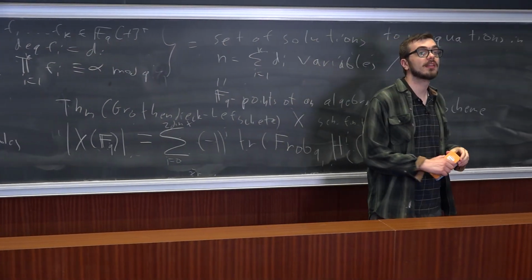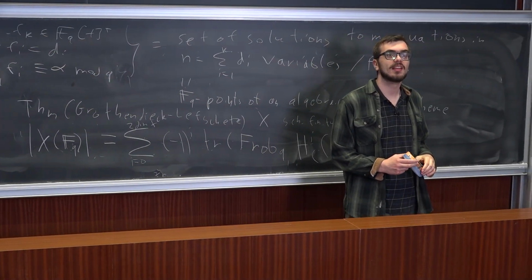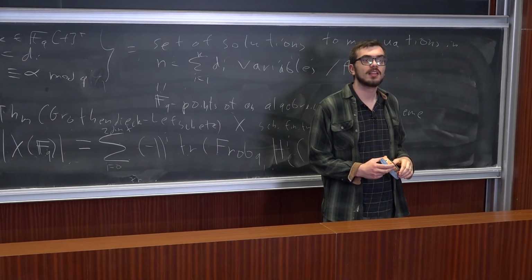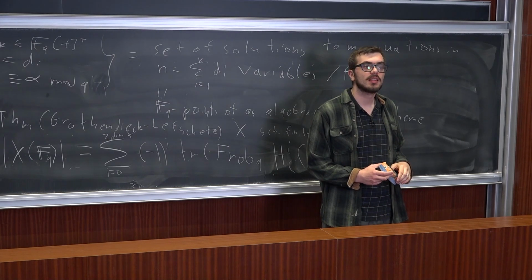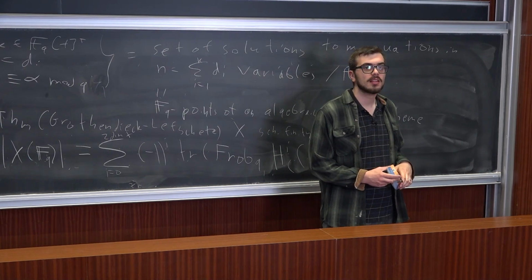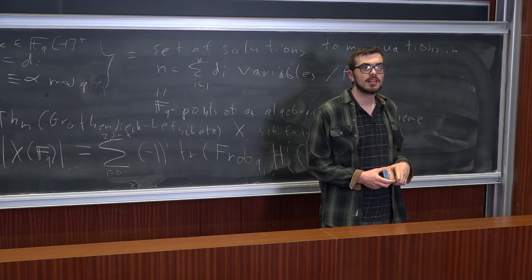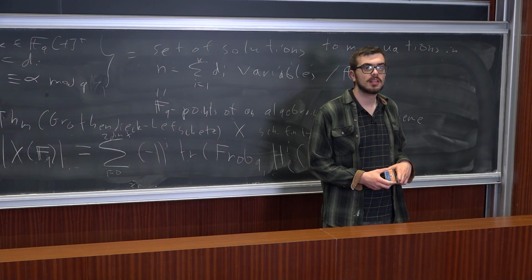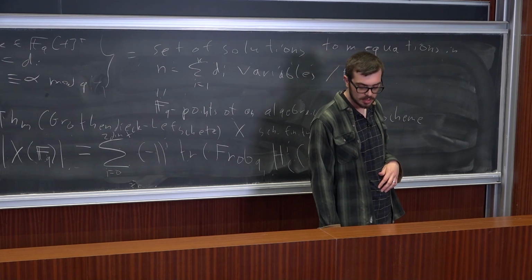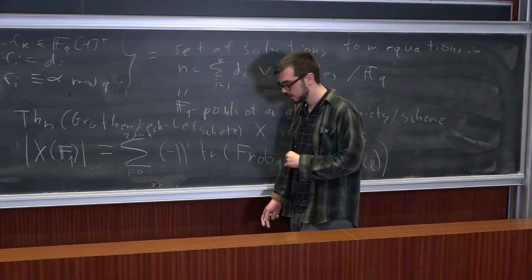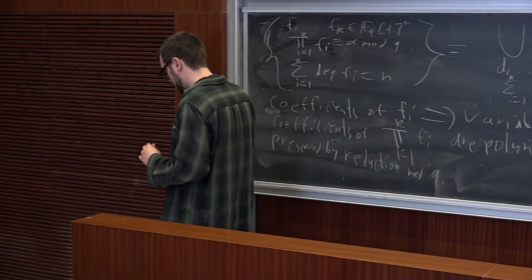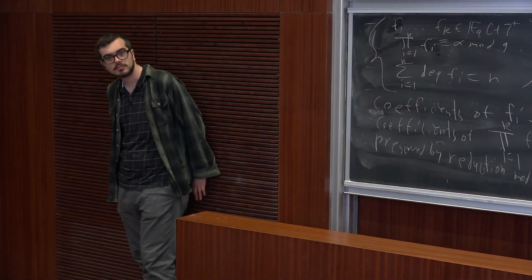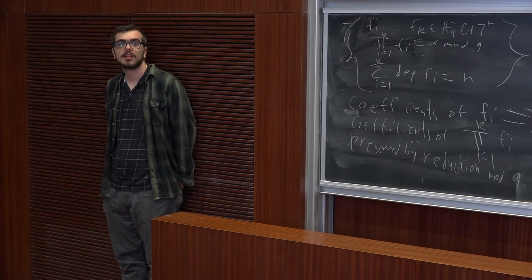Question. Yeah, yes. So this probably doesn't work, and this is not explained, but when I see this big set, my first instinct was to regroup based on the product of the Fi. So I just have the union over the polynomials congruent to alpha modulo Q, and then it's just the number of ways to decompose it into k factors.